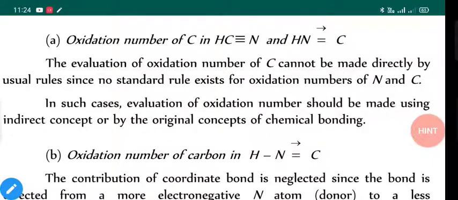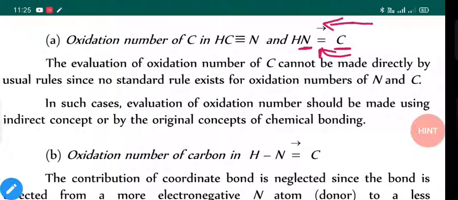That means it is also a triple bond, but two are simple covalent and one is coordinate covalent. The two simple bonds are shown with dashes or lines, and the coordinate covalent bond is shown with an arrow. It represents that the donor is nitrogen, which is electronegative, and the acceptor is carbon, which is electropositive.